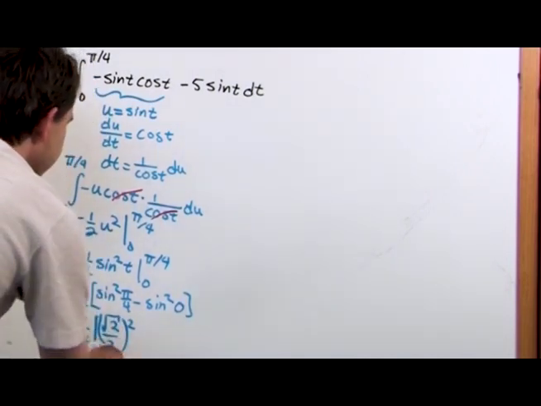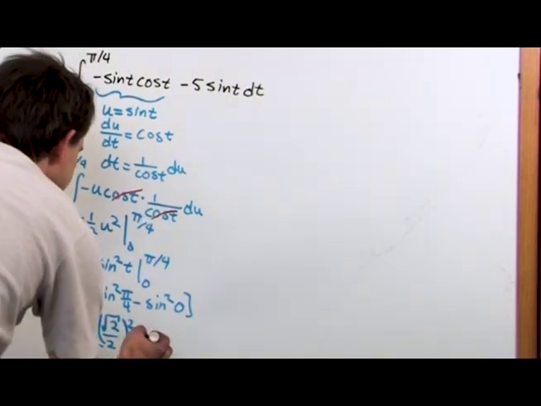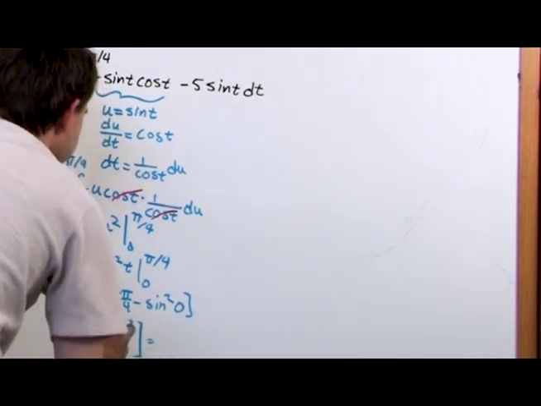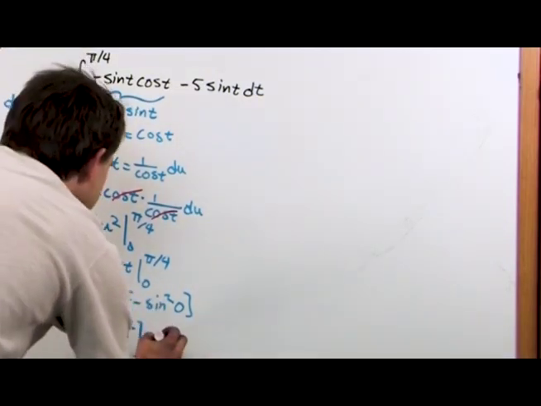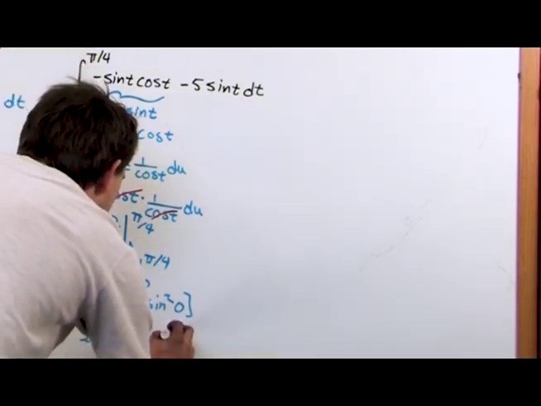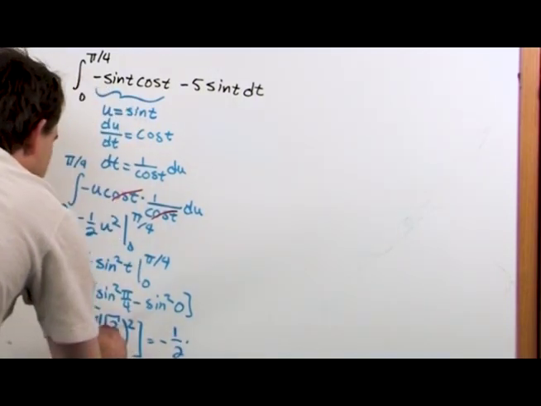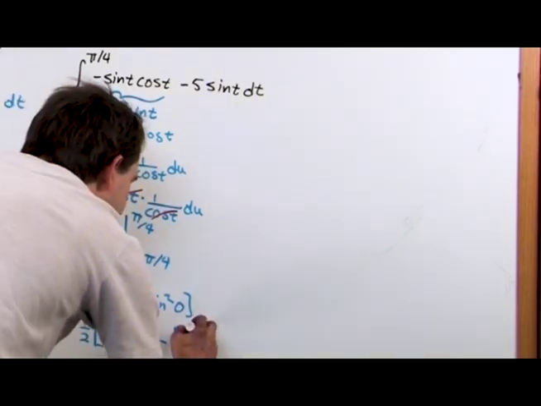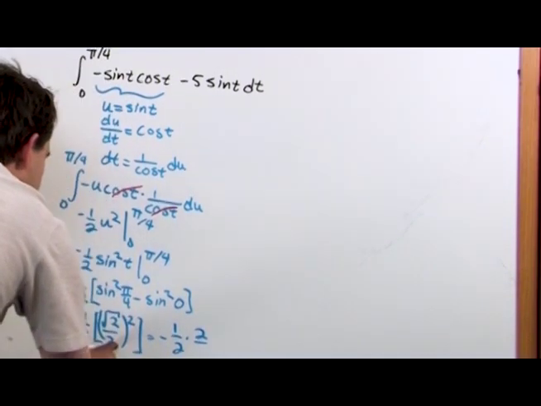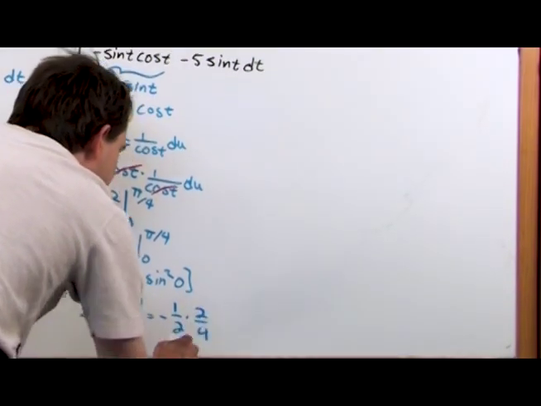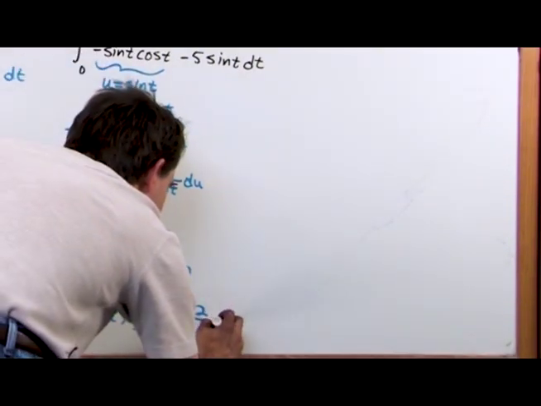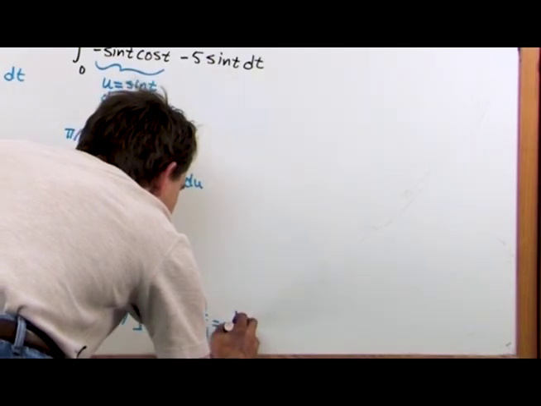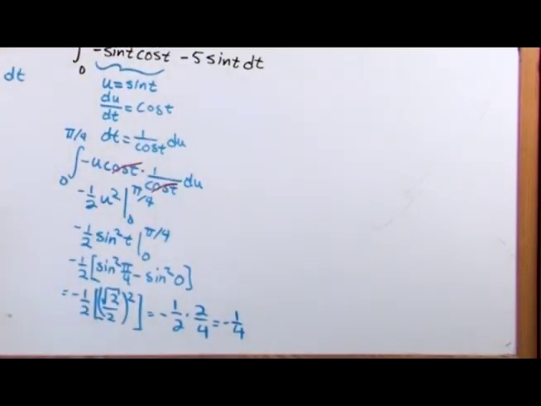Okay, that's what that is. Sine of 0 is 0, so that doesn't even contribute. So then over here I'm going to have negative 1/2 times 2, square root of 2, square root of 2. 2 squared is 4. Okay, the 2's are going to cancel, and so what I'm going to have is negative 1/4 down here, negative 1/4. Okay, that's what I'm going to have here.